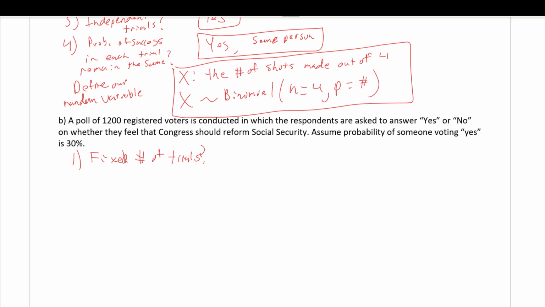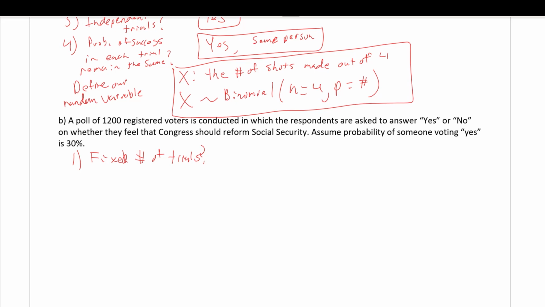Okay, in the previous problem, it was shots taken, right? What would be the trials in this case? Well, they're polling 1,200 registered voters, and they're asked to answer yes or no, right? So in this case, what we would consider a trial is every single voter that they go up to, okay? Because they go to a voter and say, well, do you think Social Security should be reformed?